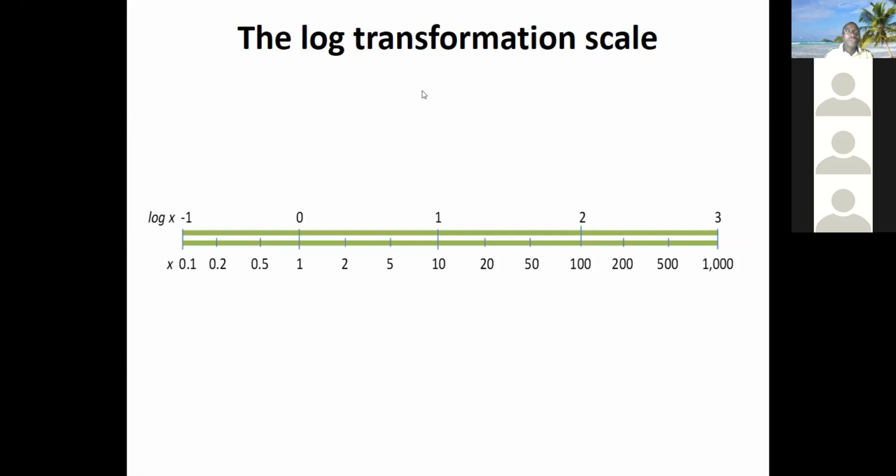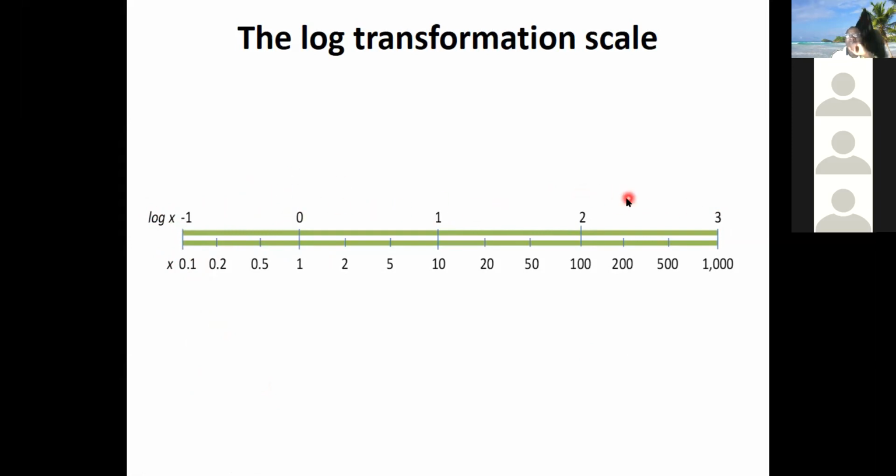Now, let me show the notation. Look at this. We have the logarithm scale is the one up, the one down is x. So x is the normal scale of numbering. The log x is the one up. You will see log 0.1 is -1. Log 1000 is 3. In between this log, we have -1, 0, 1, 2, 3.